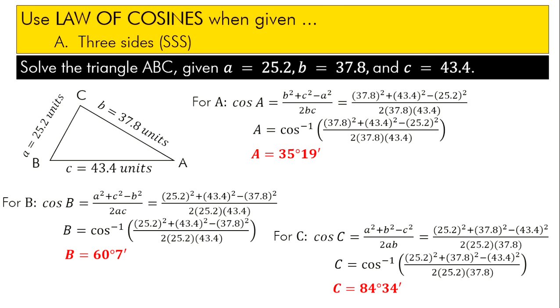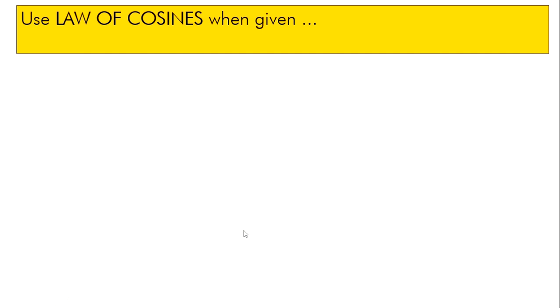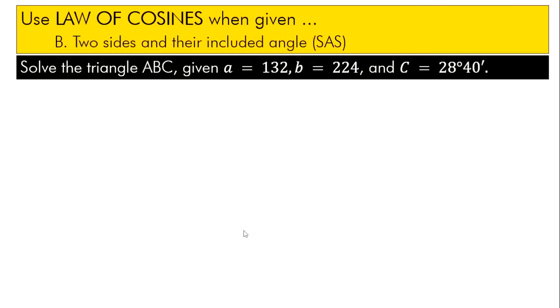Now, how about if we have two sides and an included angle, side angle side? Let's have an example. Solve the triangle ABC given A is equal to 132, B is equal to 224, and C is equal to 28 degrees 40 minutes.